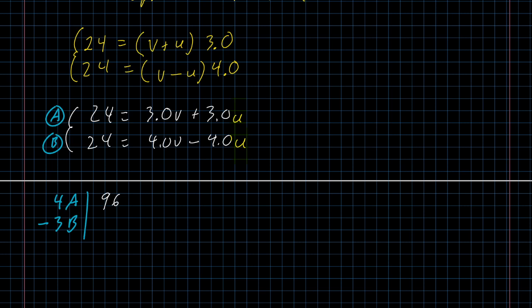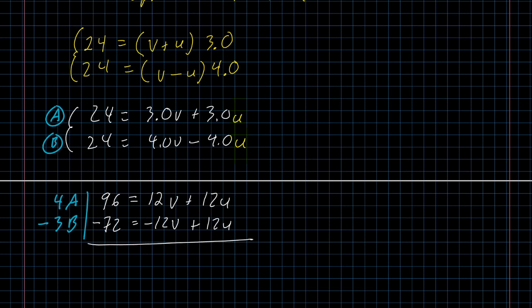My calculator hates me, but that's okay. 4 times 3.0 is 12. And then 3 times 24 is 72, but we've got a negative here. So we've got -72 equals -12u. I'm sorry, that's a v, -12v, plus 12u.